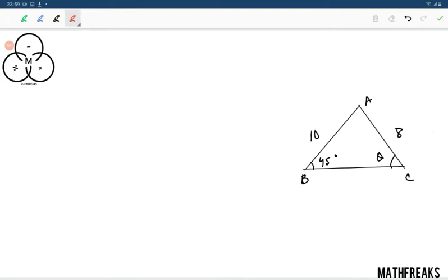This will be sin theta by 10 equals, from the sine rule that we have just learned, sin 45 by 8.